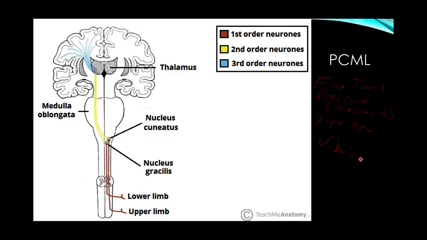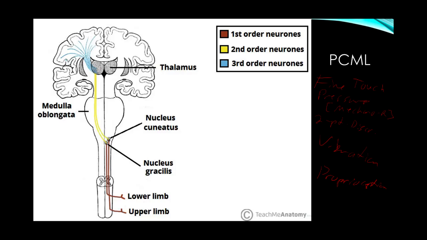Vibration and proprioception are also transmitted in the PCML pathway. Vibration is tested with a tuning fork, so that's where you tap it on your hand and then hold it on somebody's leg.